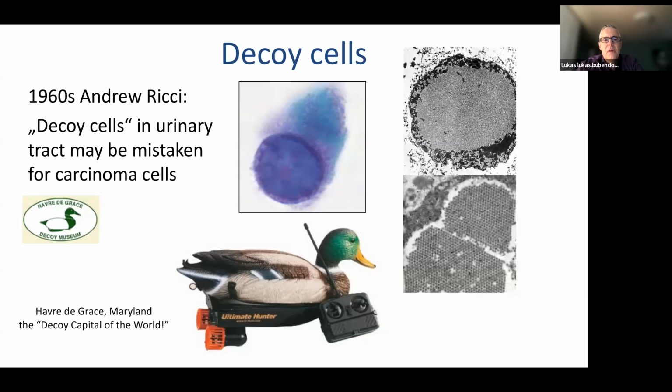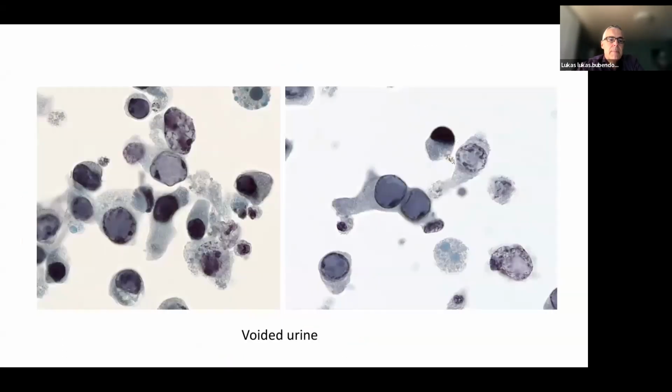This causes these dark nuclei, but they have a ground glass appearance like viral inclusions. But if you're not familiar with this and you find this in a voided urine for the first time, you can easily call it malignant right away, because some of the cells are really very hyperchromatic and the NC ratio is at least increased.